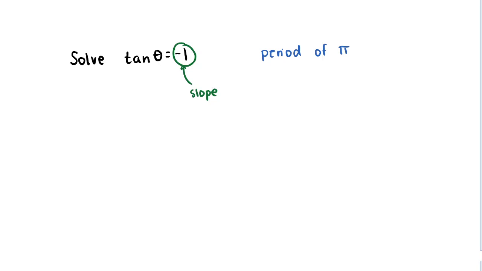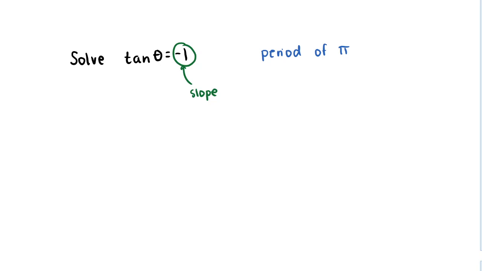If tangent gives us the slope of an angle, well, an angle that's all the way on the other side of that unit circle, in other words, pi tacked onto such an angle, it would have the same slope. Right? It would correspond to the other side of the same line.